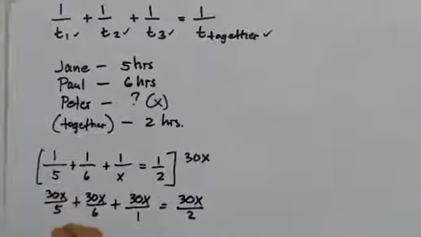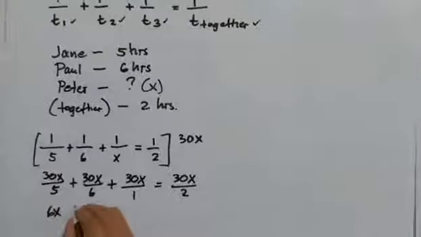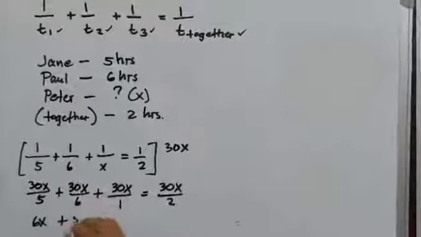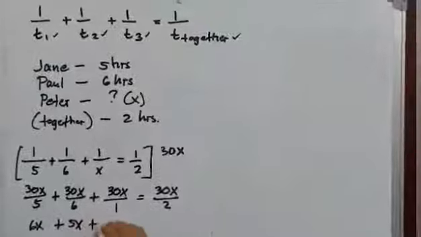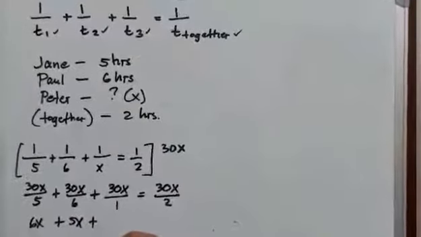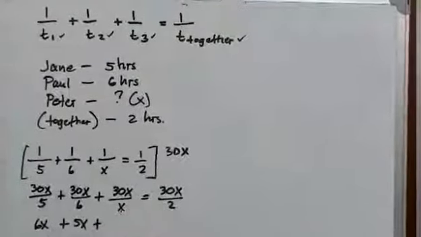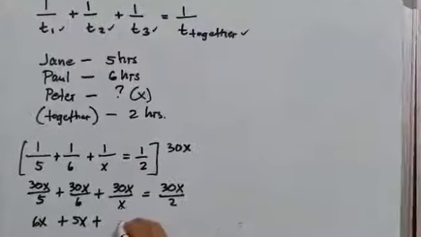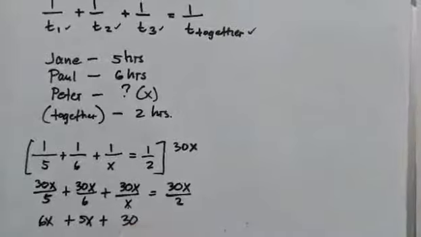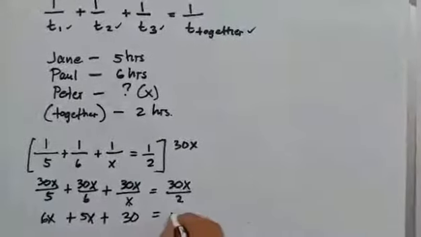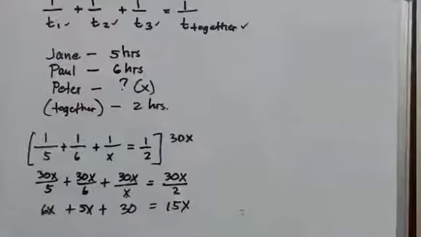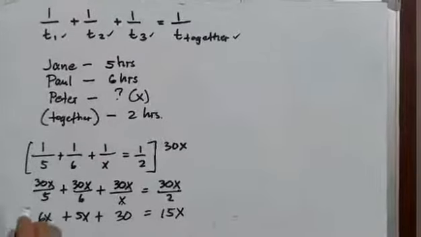Now 30x over 5 is equal to 6x, plus 30x over 6 is equal to 5x, plus 30x over x, sorry, this is x, is equal to 30, and this is equal to 15x. So we have this equation.